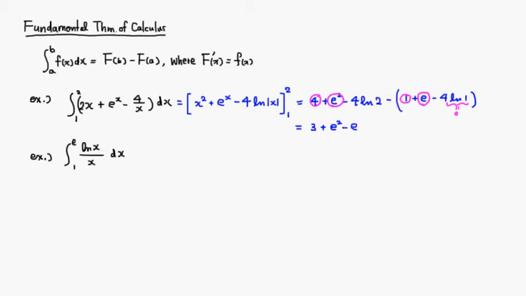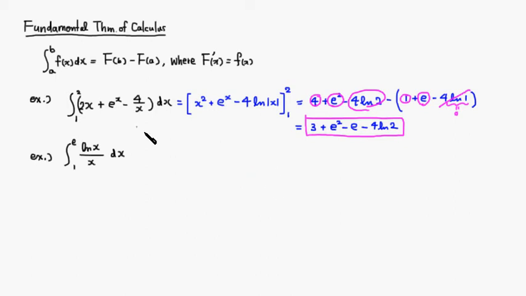This term is 0, so I'm just going to forget about that. Then you just have negative 4 natural log of 2. So that'll be everything, and that's the answer for the first example.